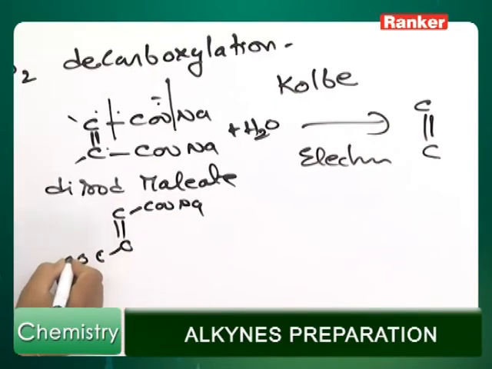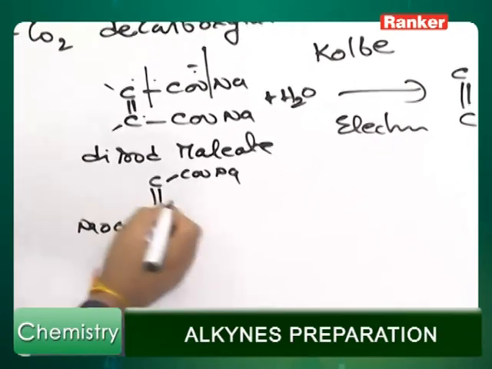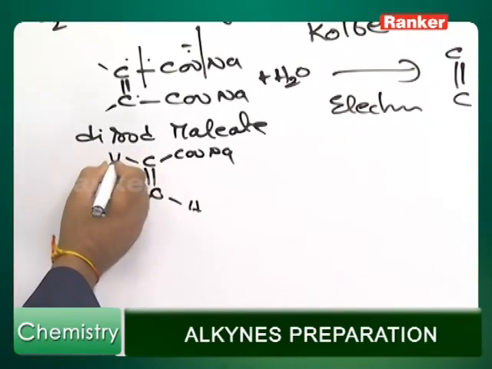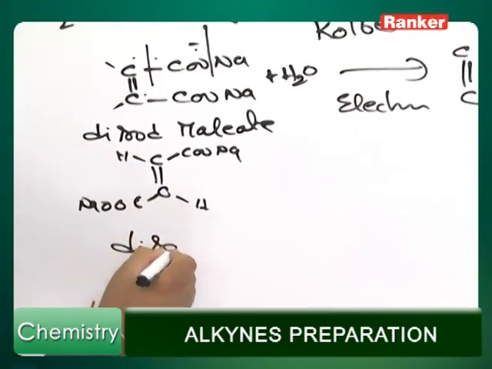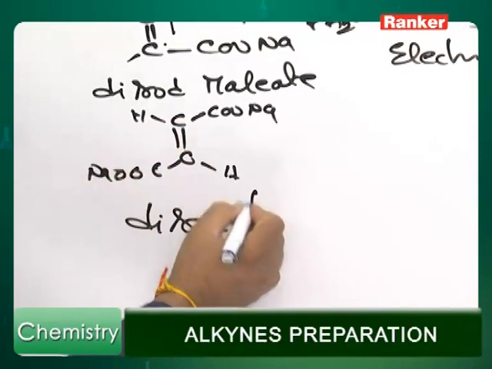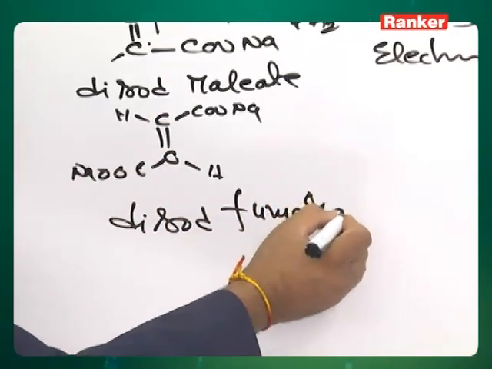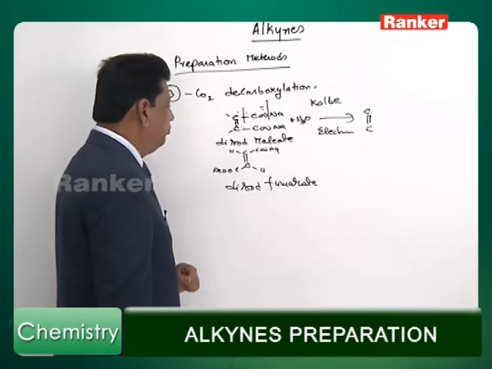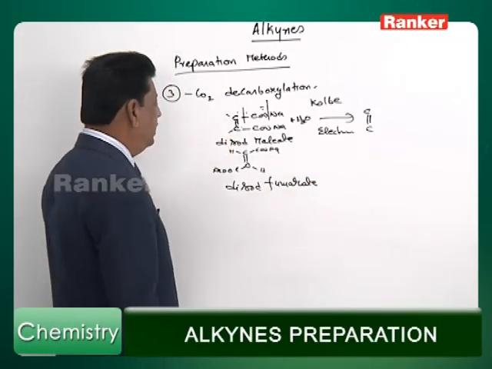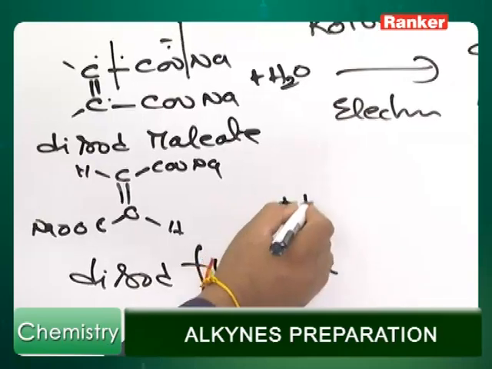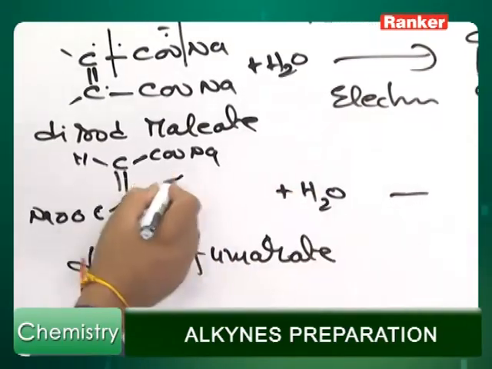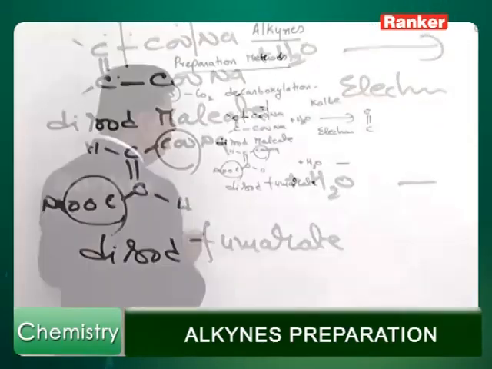Anyhow, you are going to forgo these CO2 groups. So, you can have a disodium salt of fumaric acid, so you call it a fumarate. Disodium maleate or fumarate, either one, add water and do electrolysis, the CO2 will be removed.